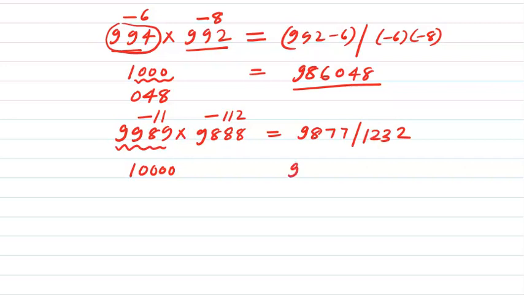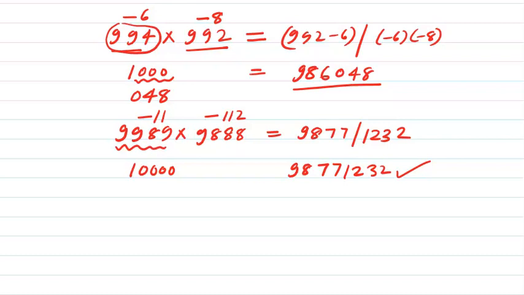So the correct answer is 98771232. So I hope you can understand that this whole process can be done very quickly, and if I go and multiply it by the regular process, it is going to be very, very time consuming, right?